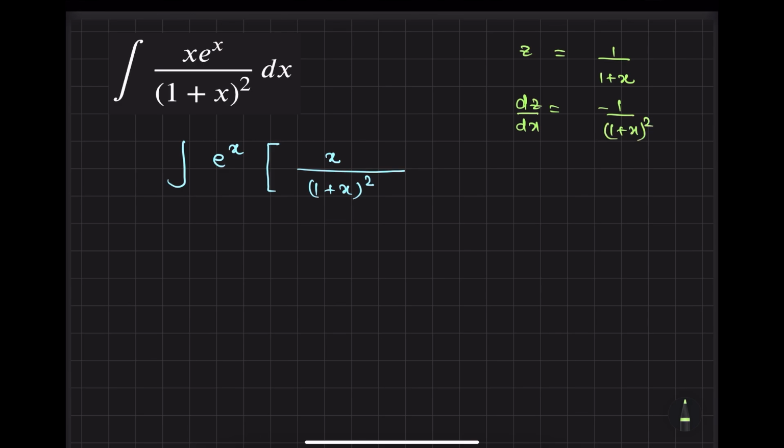I hope you can connect with this. If the denominator is carrying power 2, then a function which has denominator as power 1 can make it 2. So we have to create this situation.